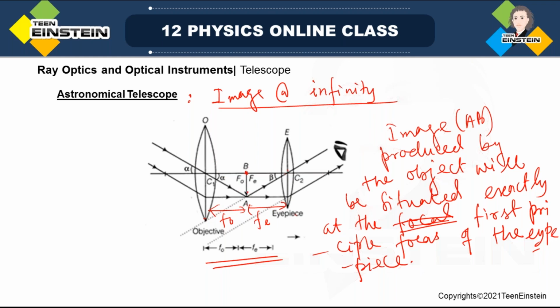Now look, if any ray gets refracted from the focus of a converging or convex lens, then it will go parallel to the axis, and then they may not even meet together.